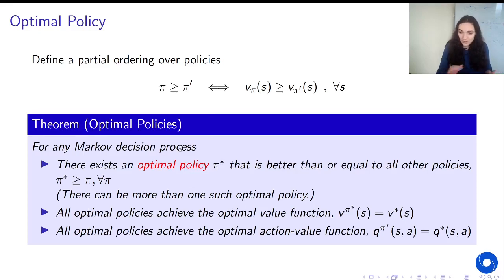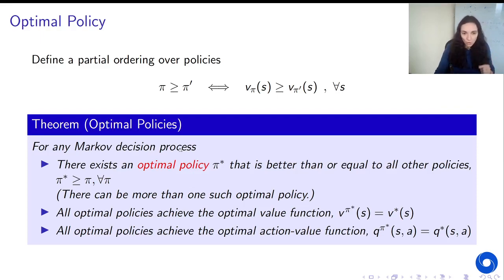The theorem we have in terms of optimal policies is that there always exists an optimal policy, pi star, that is better than or equal to all the other policies in the environment. So this is a policy that will dominate all other policies for all states in the environment.